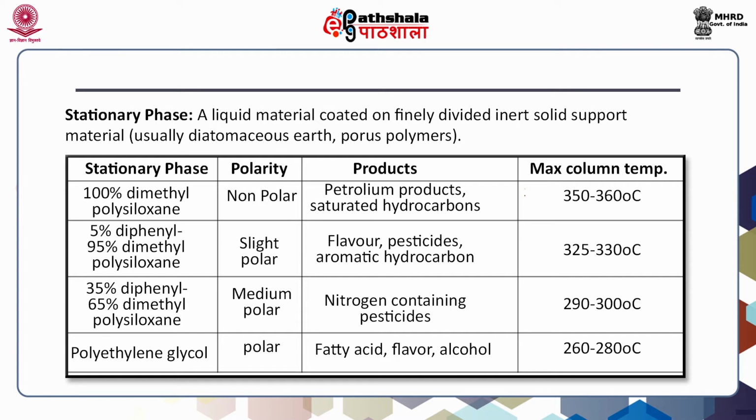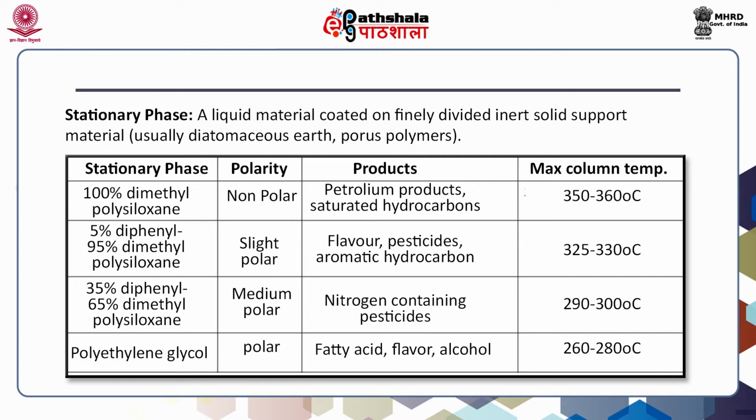Similarly, for example, polyethylene glycol is a polar phase which is preferred for fatty acids, flavors and alcohols. These stationary phases have different temperature maxima. That means they can remain stable up to a certain temperature and afterwards they start degrading.